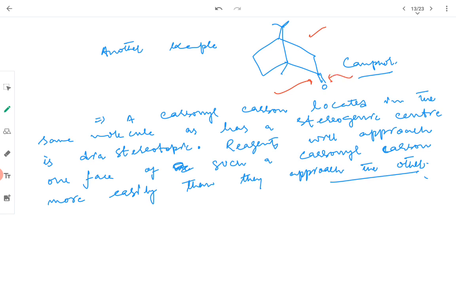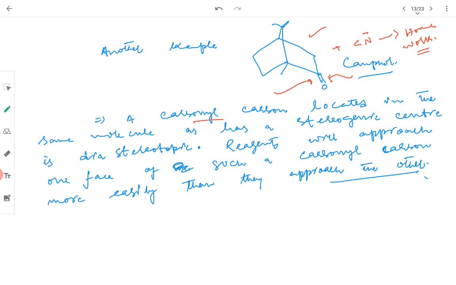You can carry out its reaction yourself, suppose by reacting it with CN negative, and you can easily see different diastereomers are formed. This can be homework for you. You can try these molecules, how different stereoisomers will be formed, how different diastereomers will be formed from this camphor.